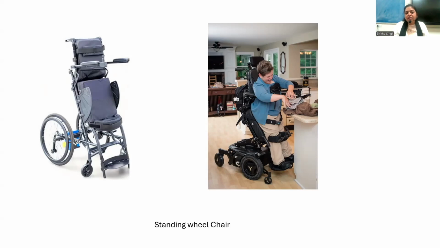So now you see the design flexibility of a wheelchair: a chair which supports the standing posture, and a chair which can support the sitting posture. Both postures can be supported by making the design flexible, to make flexible products, right?